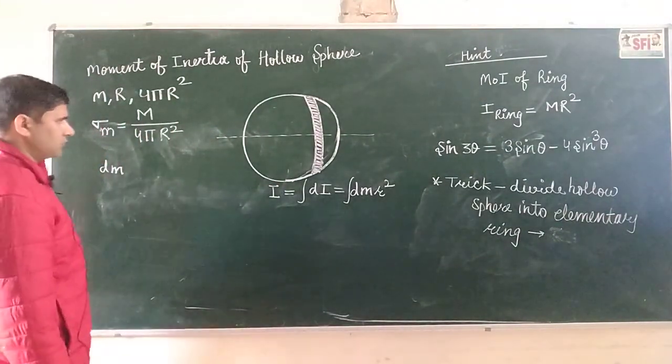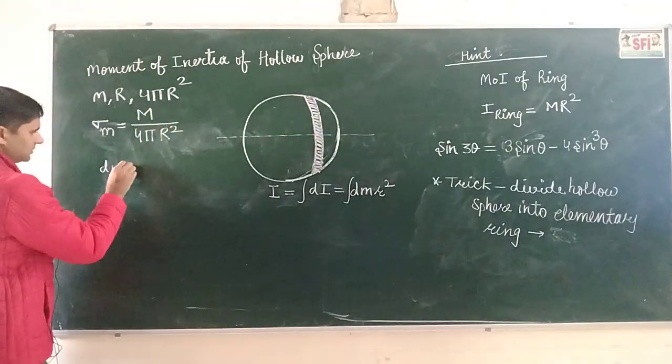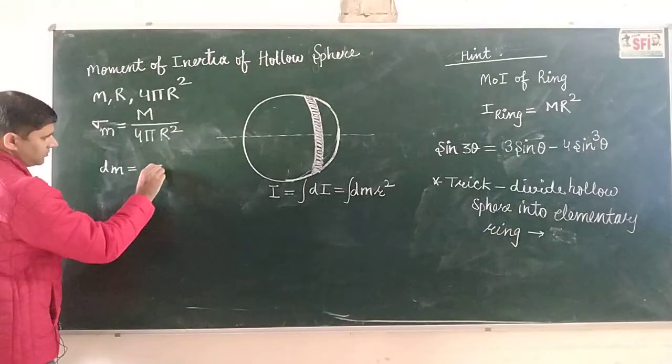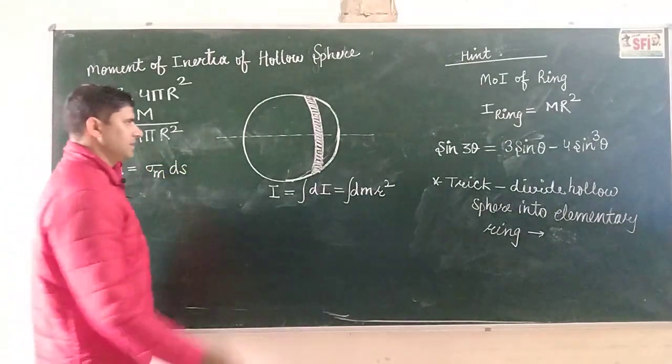So here we need to find the mass of this elementary ring, that will be equal to mass density into the surface area of this elementary ring.